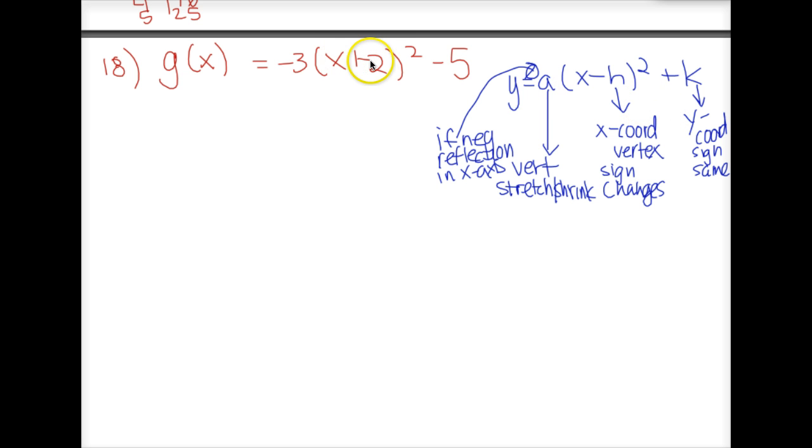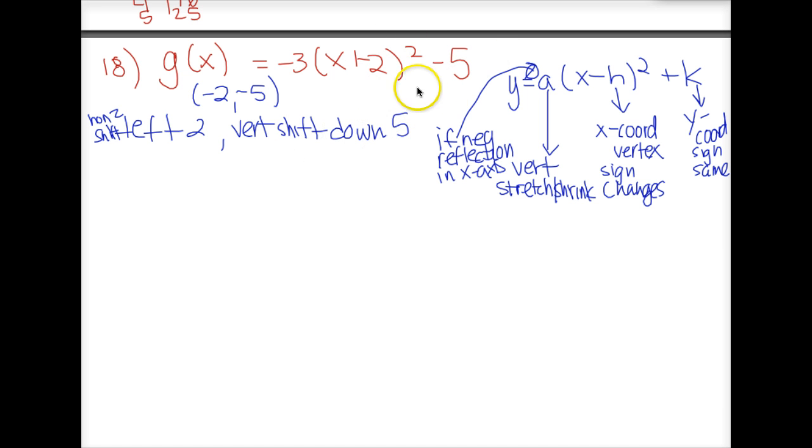I look over here and I say, okay, x-coordinate of the vertex, change the sign, which means the vertex is going to be at -2, and then this one keeps its sign, -5. So when I write that as a transformation, I say that I'm going to do a horizontal shift, left 2. I'm going to do a vertical shift, down 5.